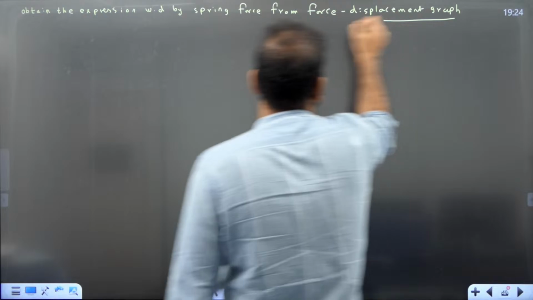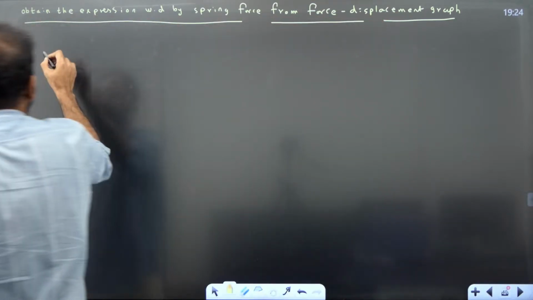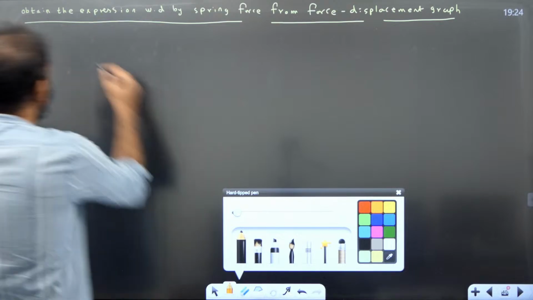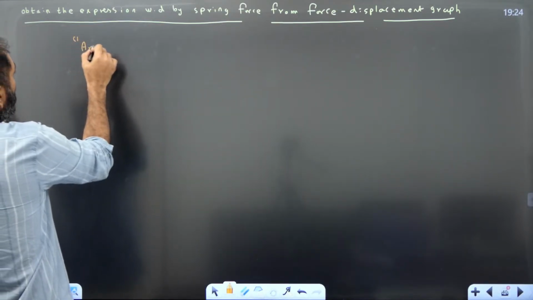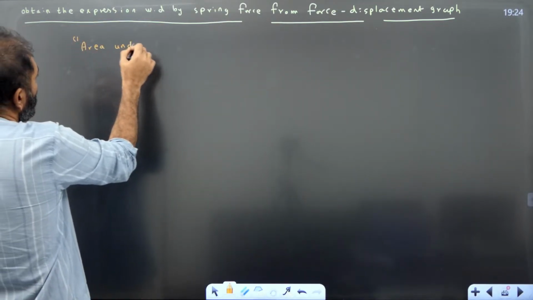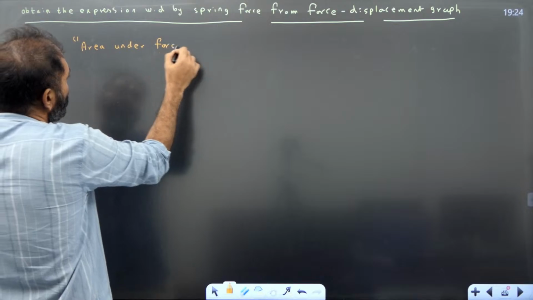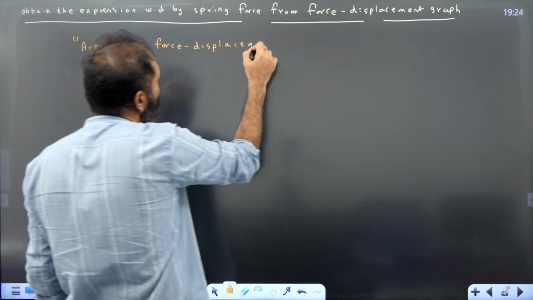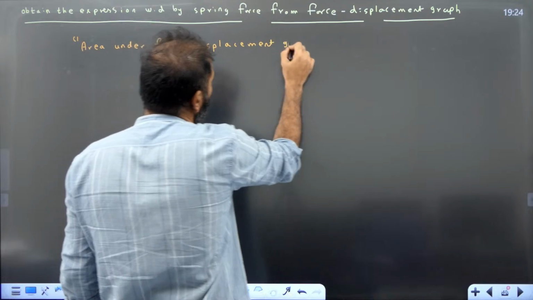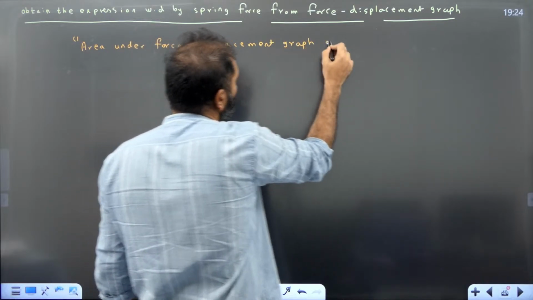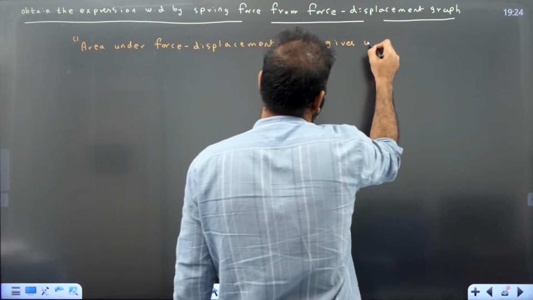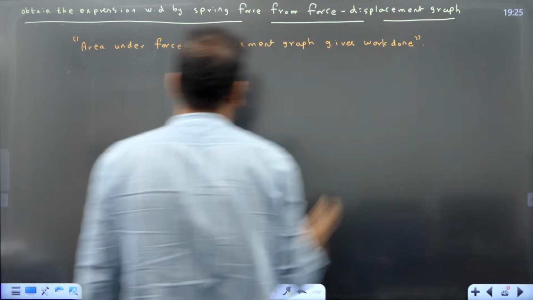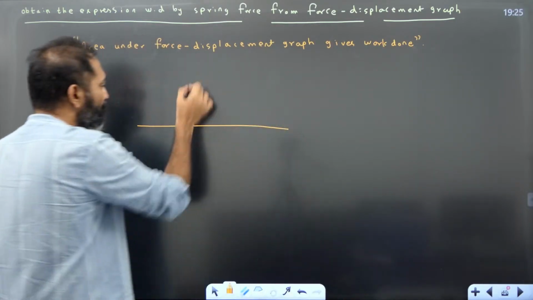Force displacement graph. First of all, area under force displacement graph gives work done. Area under force displacement graph gives what? Work done. So this is the graph.